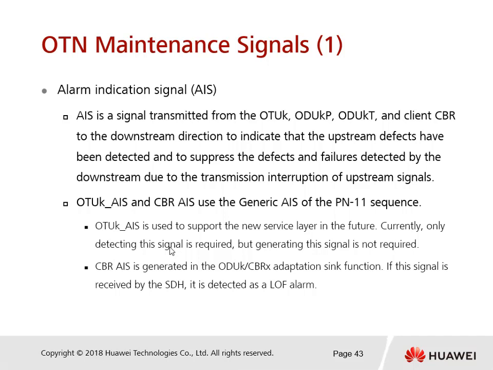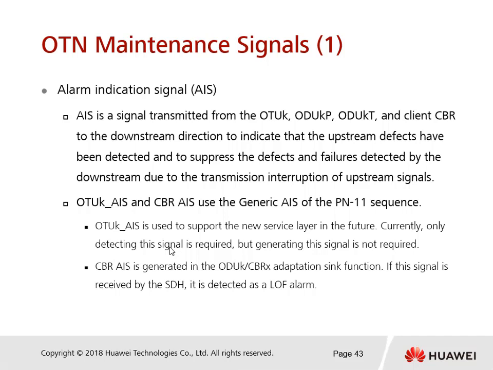So here it's very important. The AIS is transmitted to the downstream direction to indicate that upstream defects have been detected, and to suppress the defects and failures detected by the downstream due to the transmission interruption of the upstream signals. So this is the application for the AIS.